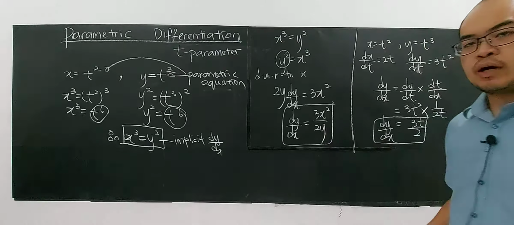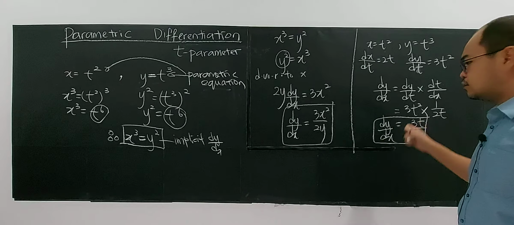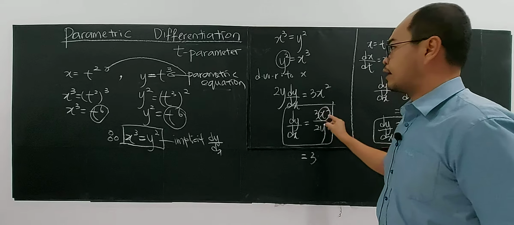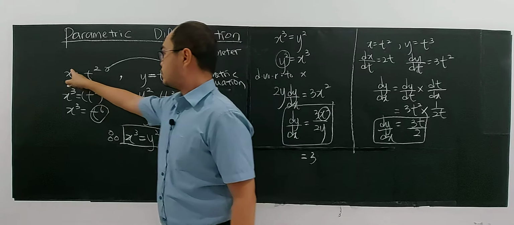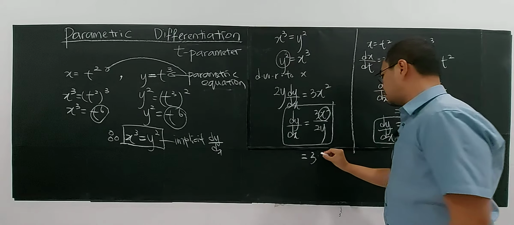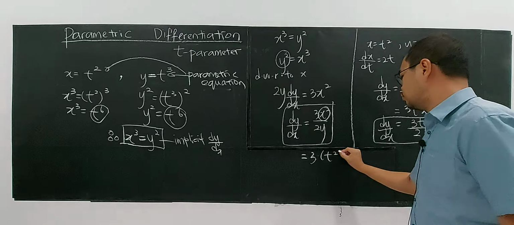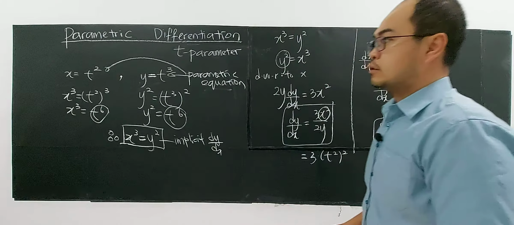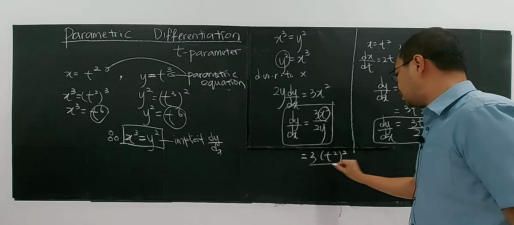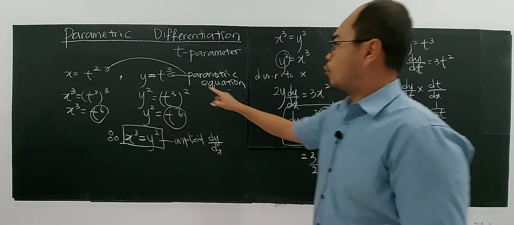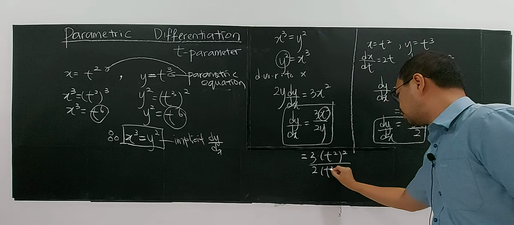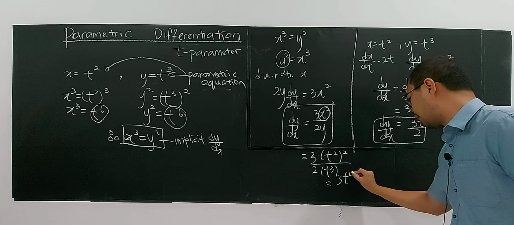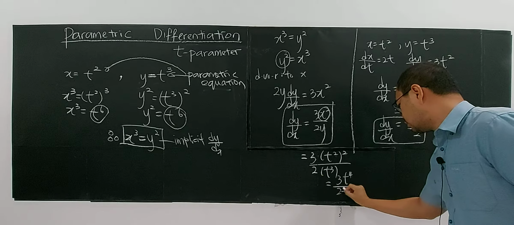This one is in terms of x and y, meaning dy/dx is related by using t. But you can still modify this, because x squared is t squared squared, so t to the power of 4 over 2. And y is t cubed. So you have 3 t to the power of 4 over 2t cubed.